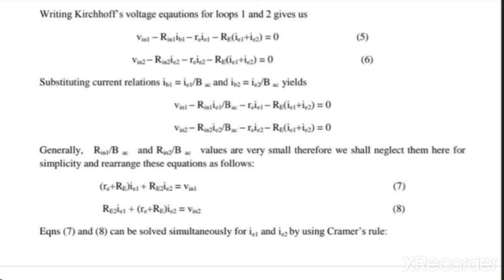So we can write and rearrange the equations as follows. (RE plus RE) IE1 plus RE IE2 equal to V input 1. RE IE1 plus (RE plus RE) IE2 equal to V input 2. Solving these two equations using Cramer's rule, we can determine IE1 and IE2.